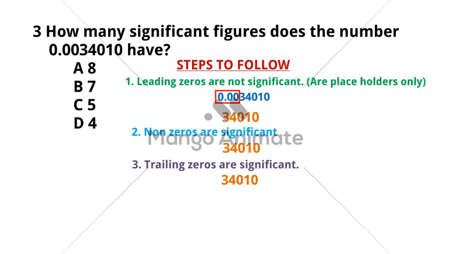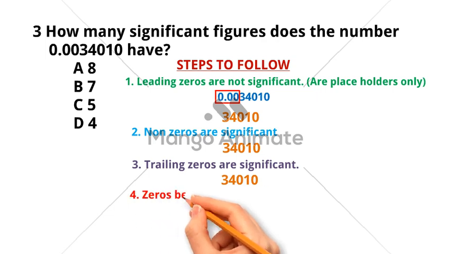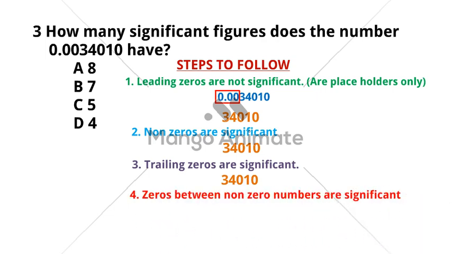We come to the 4th rule, which is zeros between non-zero numbers are significant. If we are still remaining with this number, we are talking about this 0, which is in between 4 and 1.